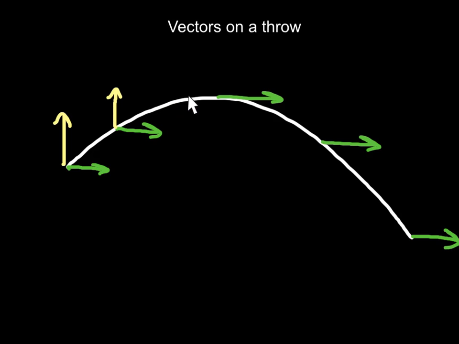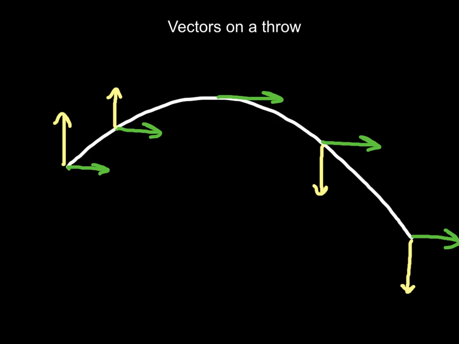However, by the time it gets to the top of the flight, there are going to be no vertical forces acting on that object because there's a very brief moment that it just flies perfectly horizontal. So we're only going to have a horizontal vector at the top of a flight. After that, the object starts coming down to earth.